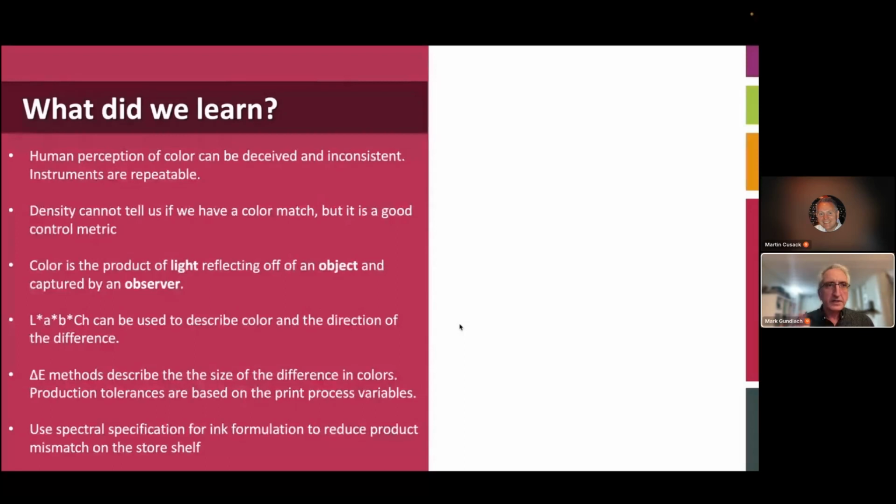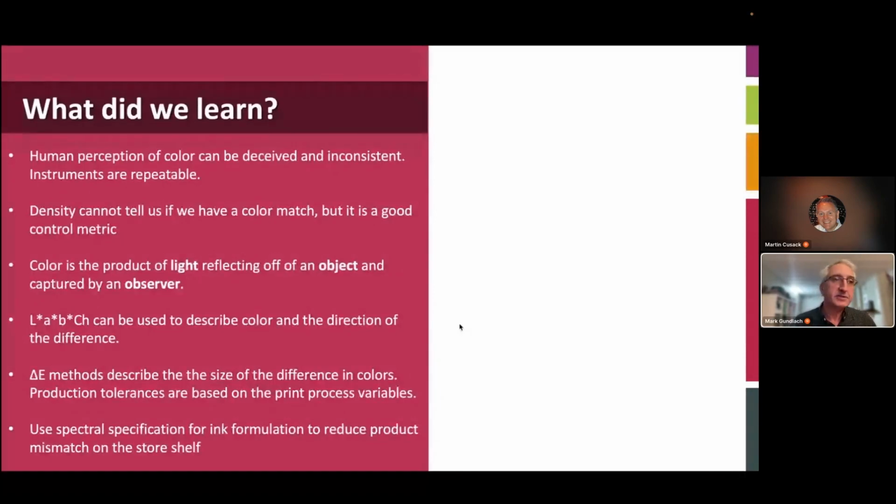So when I was talking about the weighted delta L and weighted delta CH, good question there. Within the G7 requirements, most of the time they're looking at multiple gray balance patches or multiple black tint patches to validate compliance to G7.